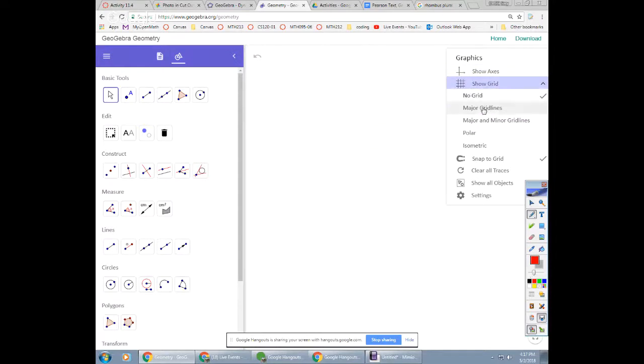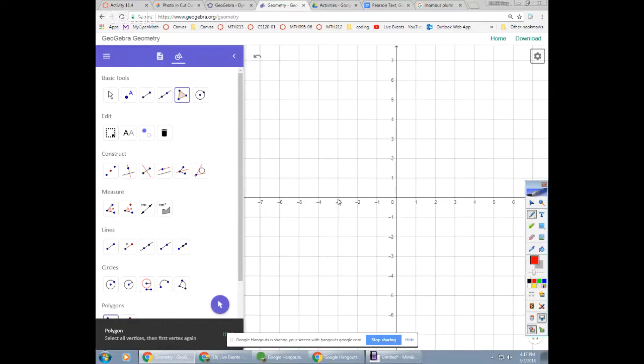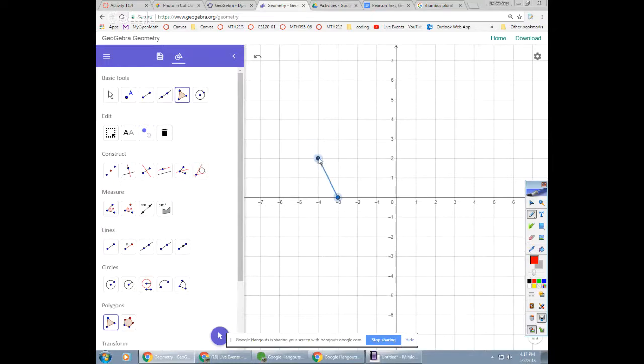Let's see, show grid and show axes. I messed that one up. Fix that in a minute.